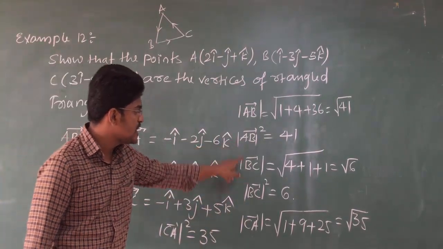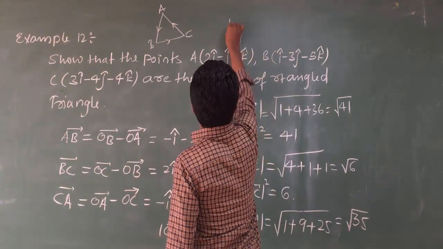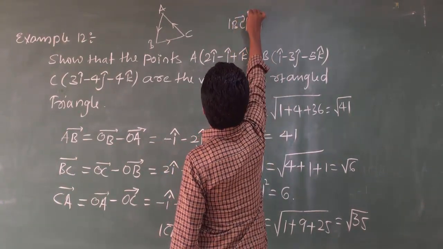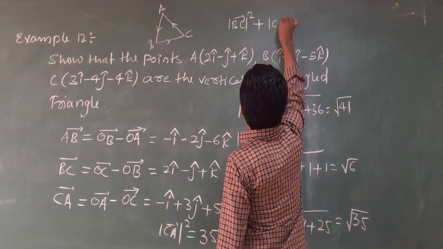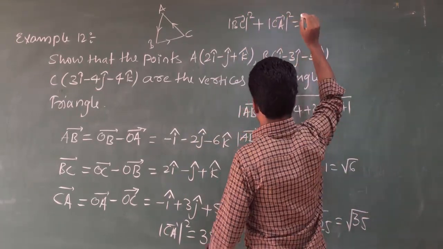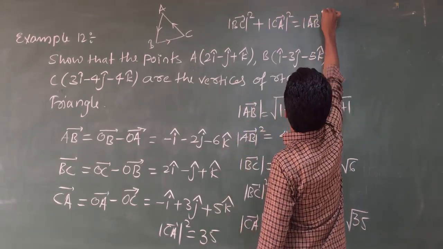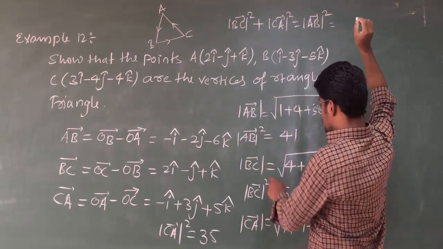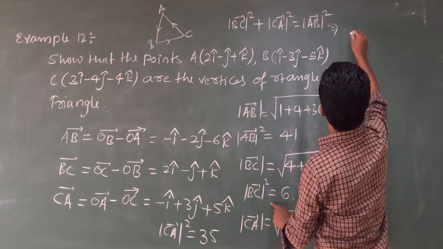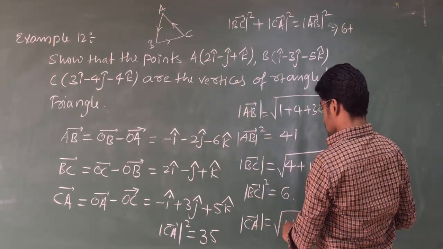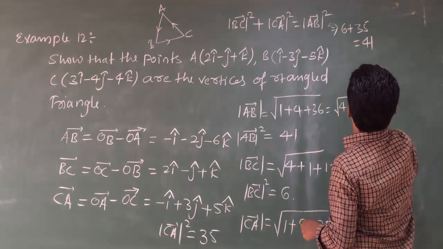From these three, you can observe that vector BC square plus vector CA square will be equal to vector AB square. That is nothing but BC square is 6 plus CA square is 35, equal to 41.